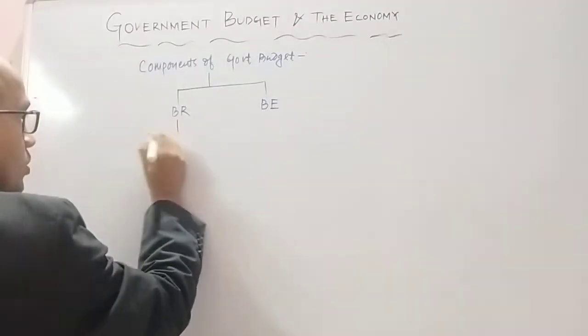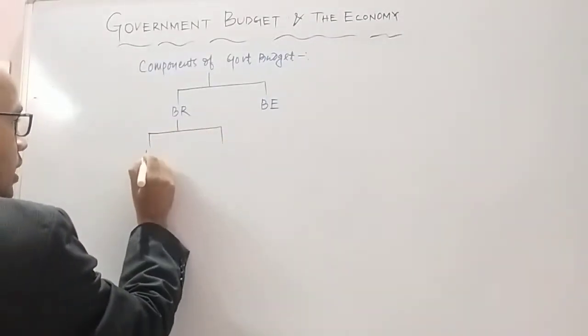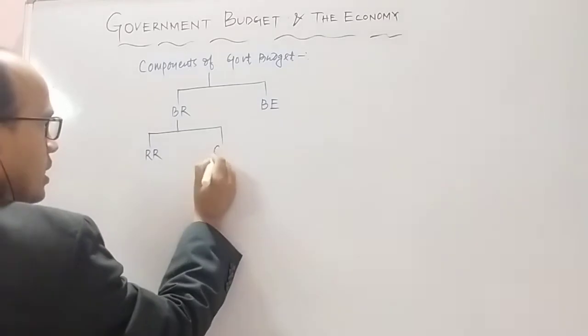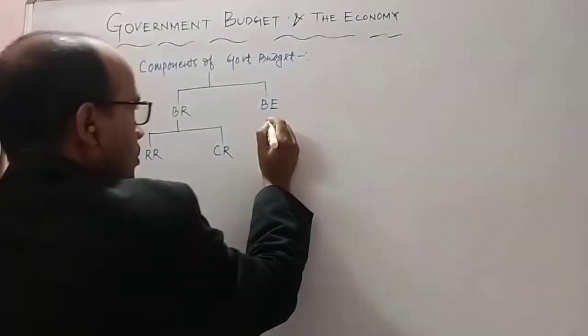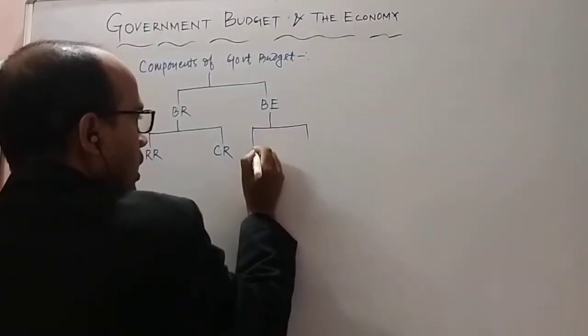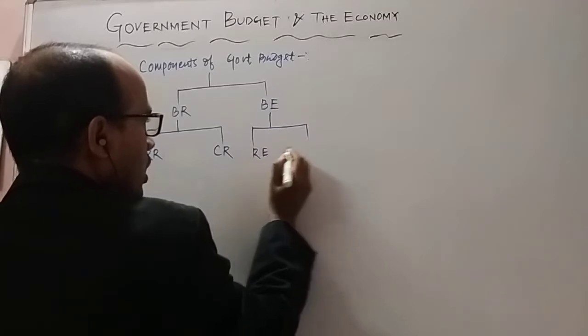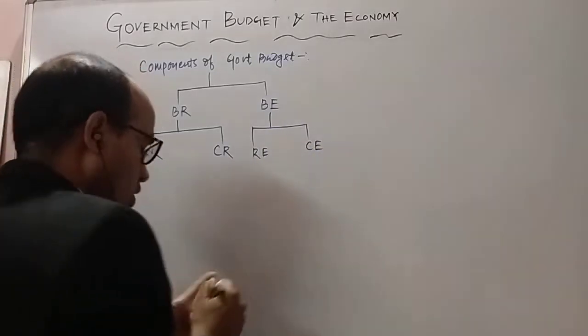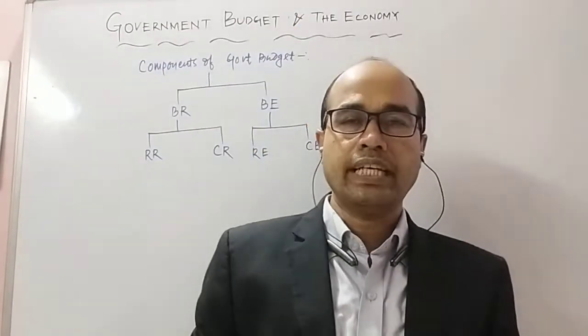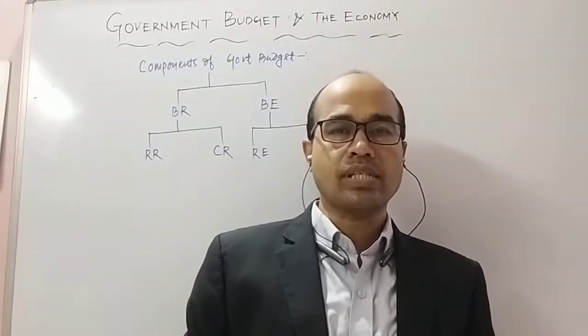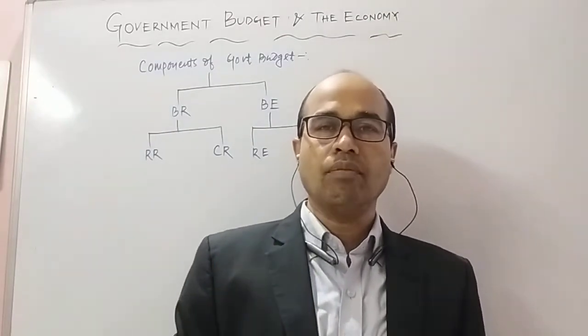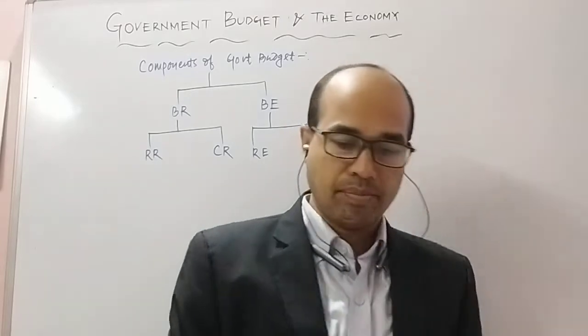You find two, revenue receipt and capital receipt. Coming to budget expenditure, revenue expenditure and capital expenditure. Already I taught you all in my previous class. At present I will discuss the components of a revenue receipt.